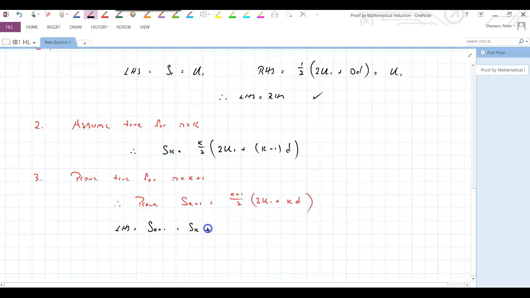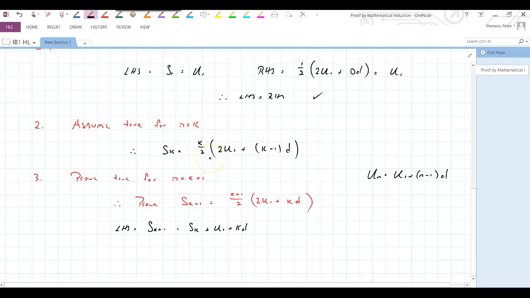Now, the (k plus 1)th term, if we think about the nth term of an arithmetic series, is the first term plus (n minus 1)d. So the (k plus 1)th term is going to be U1 plus kd. So that's going to be our left-hand side, taking the sum of k plus 1 terms. We're going to use this.